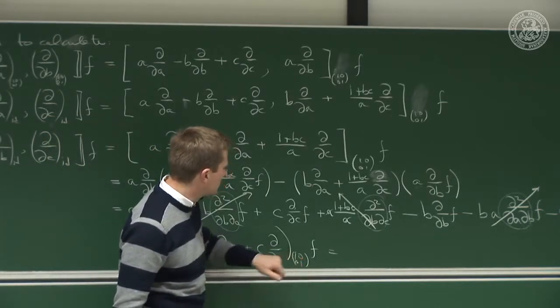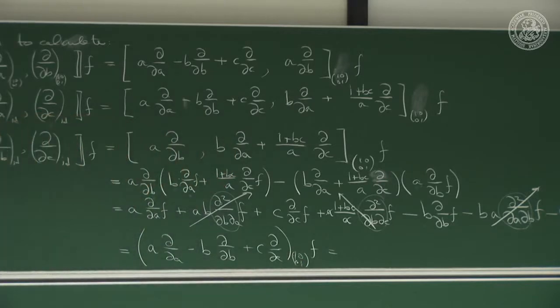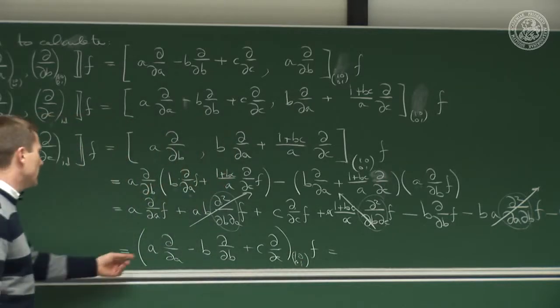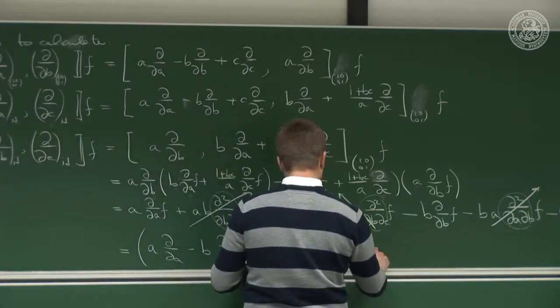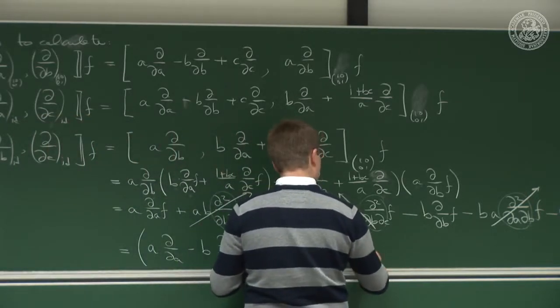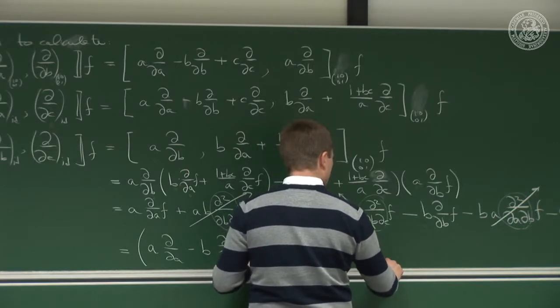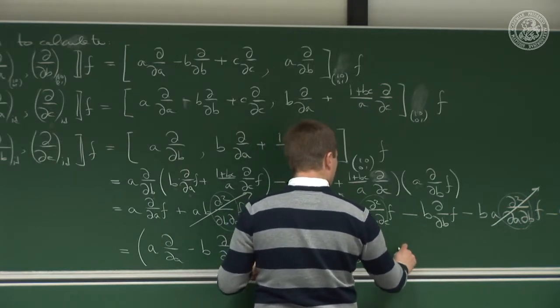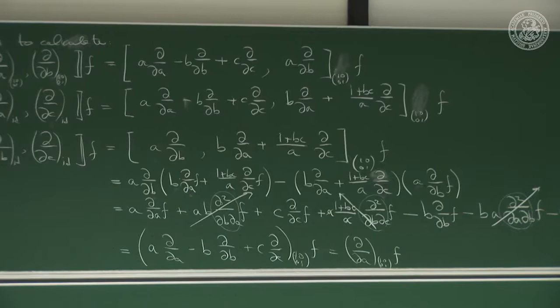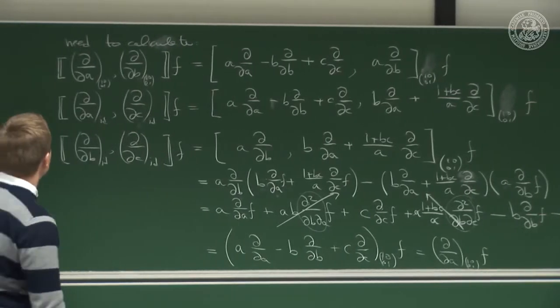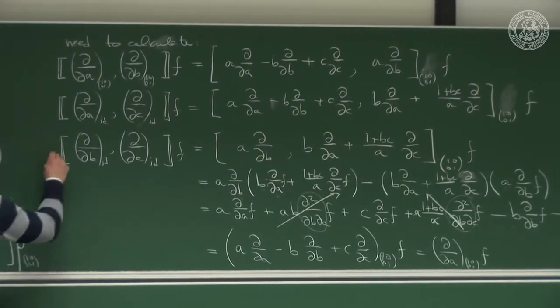So it's 1, 0, 0. So only A is non-zero. A is 1. That's this guy. And those two guys are gone. So we get d by dA at the identity on F. Aha.